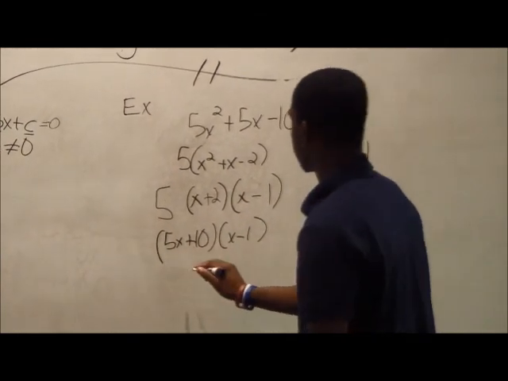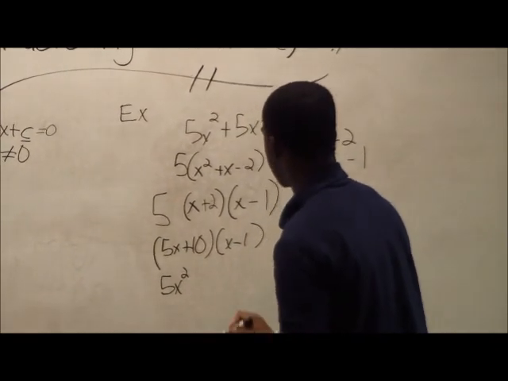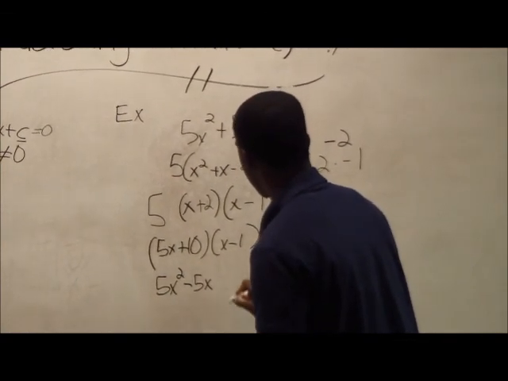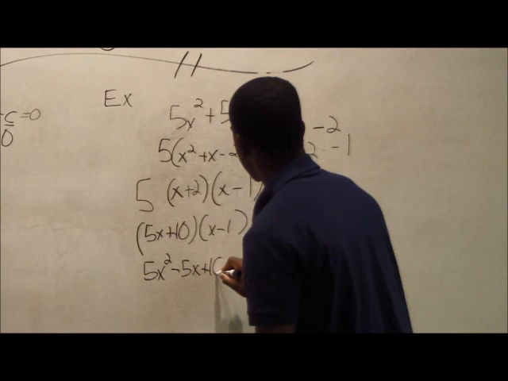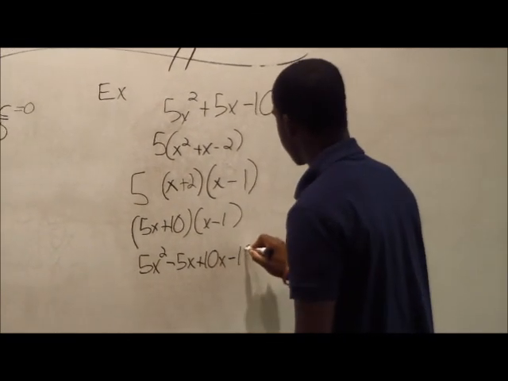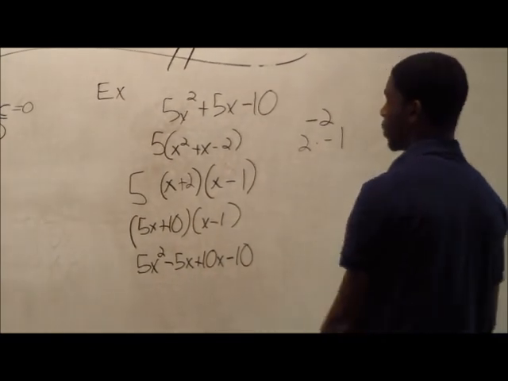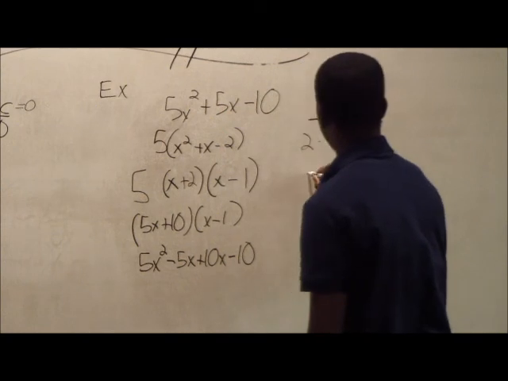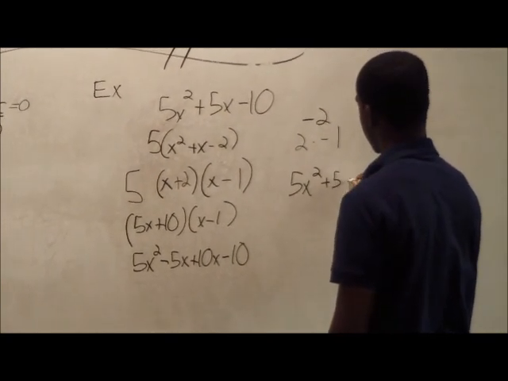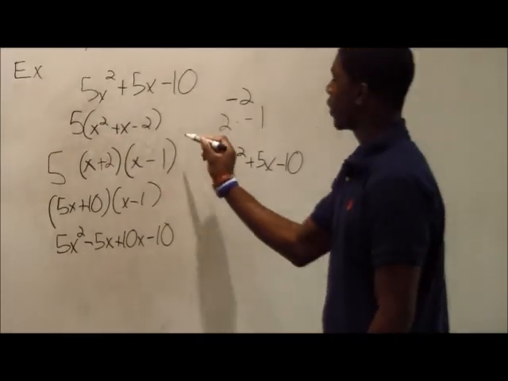Then 5x times x equals 5x squared. 5x times negative 1 equals negative 5x. 10 times x equals positive 10x. And 10 times negative 1 equals negative 10. So we have like terms, negative 5x and 10x, which equals 5x. And that is our final answer, so this was correct right here.